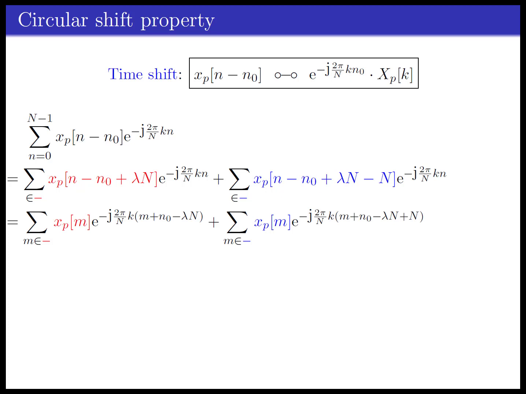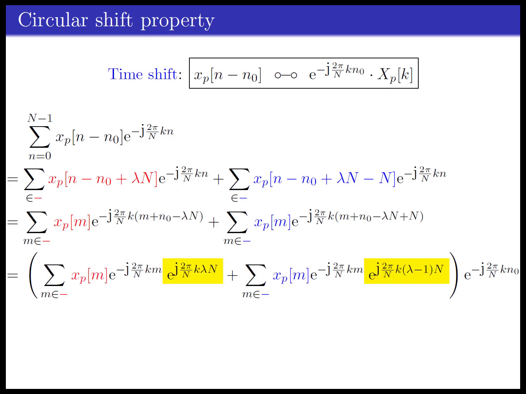Now we can substitute a new index m and replace the index n with this new index in the complex exponent of both summations. The complex exponent with index n0 can be taken outside brackets. Furthermore, we can split in both summations the complex exponent, which is indicated in yellow. As before, the indices of these yellow exponents are multiples of 2 pi, and thus these exponents are equal to 1.